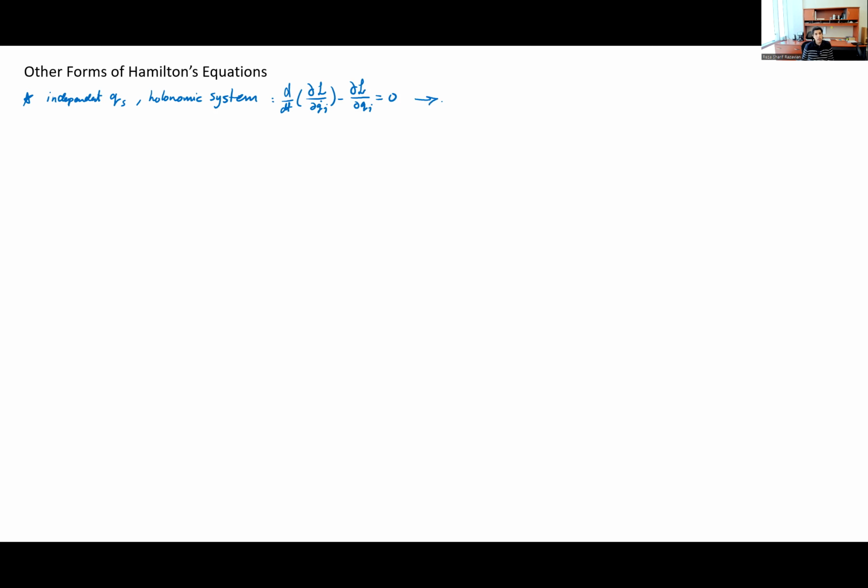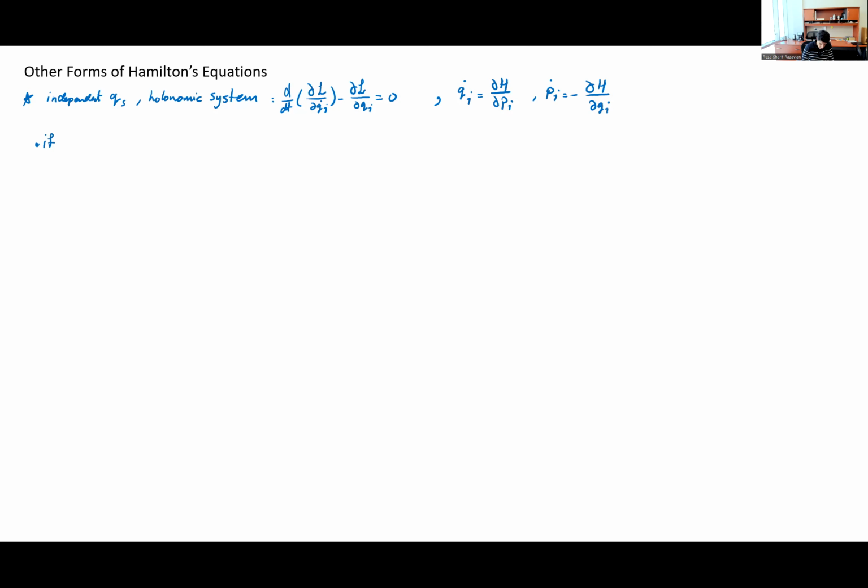And corresponding to this condition, Hamilton's equations: q dot i is partial H partial pi, and p dot i is minus partial H partial qi. So this was the canonical form.